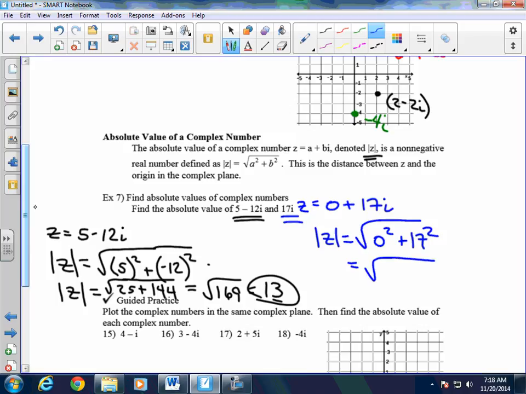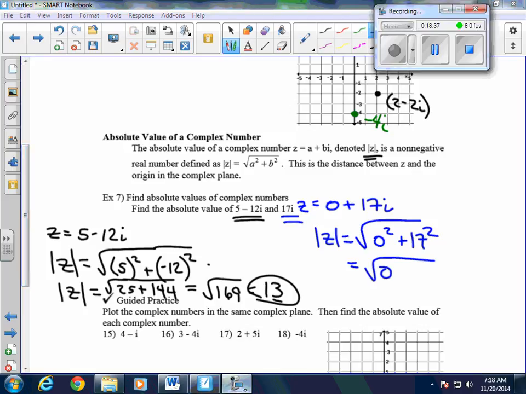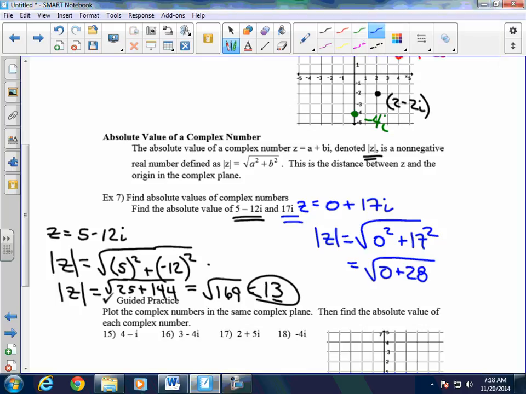We take 0 squared, which is 0, and 17 squared, which is 289. And so that equals the square root of 289. Well, the square root of 289 is 17. And so our answer for that one is 17.